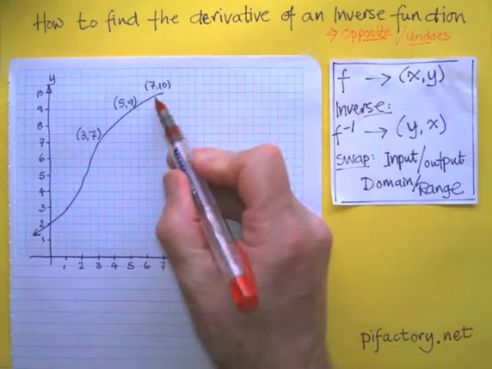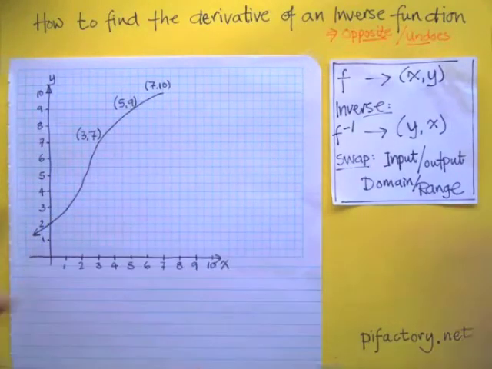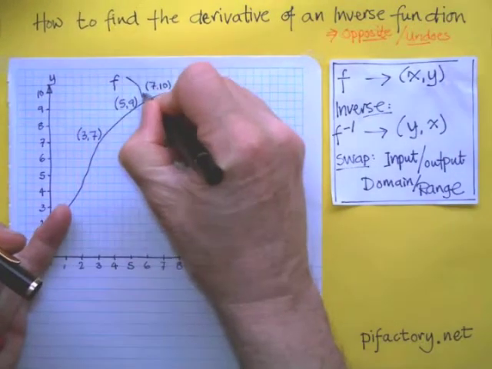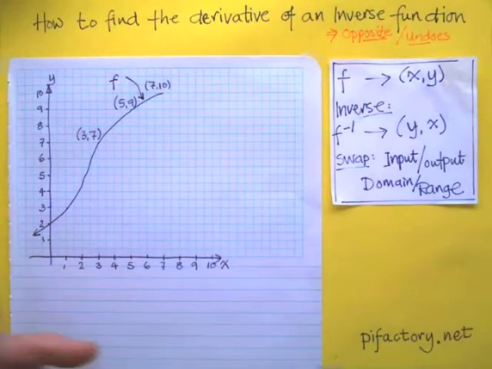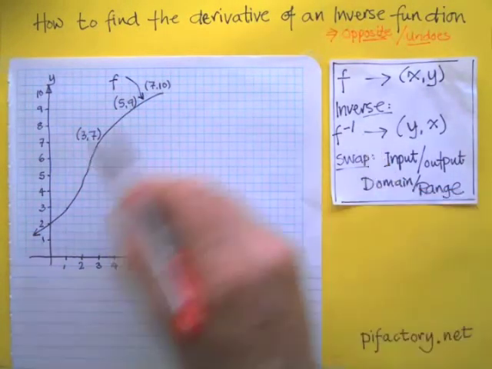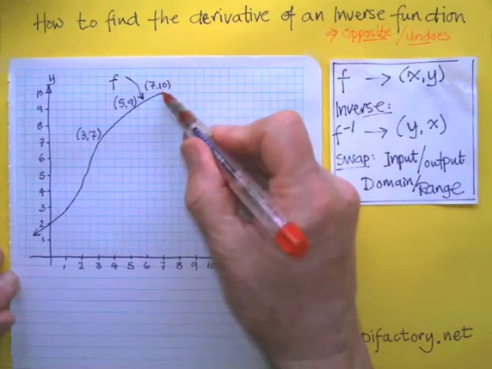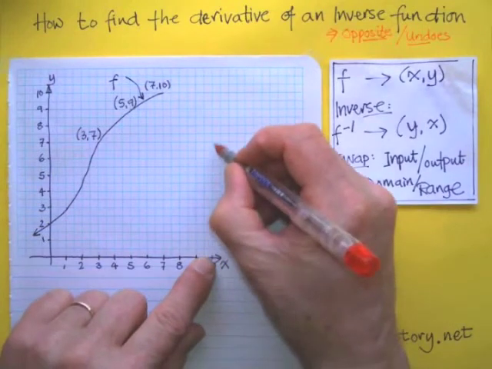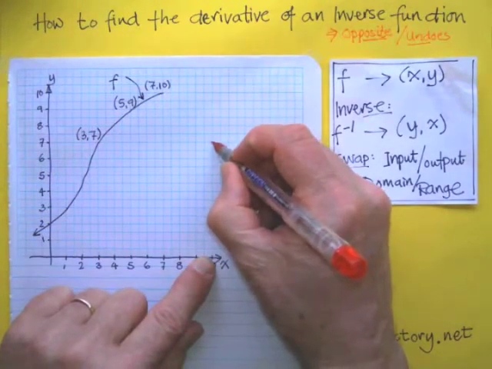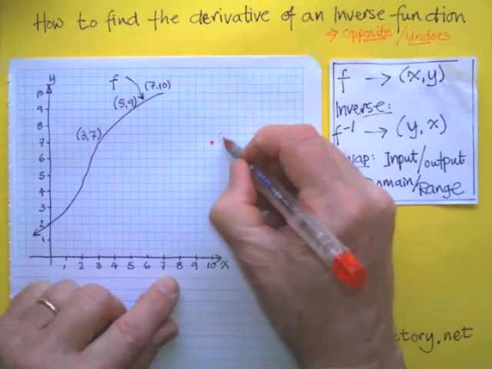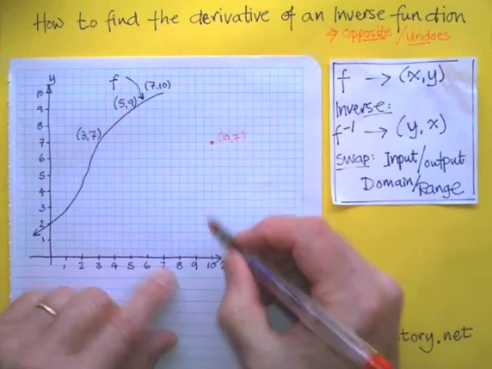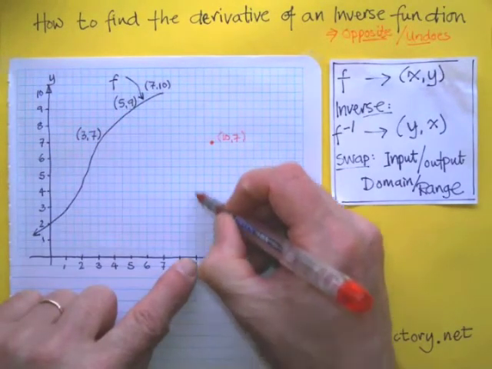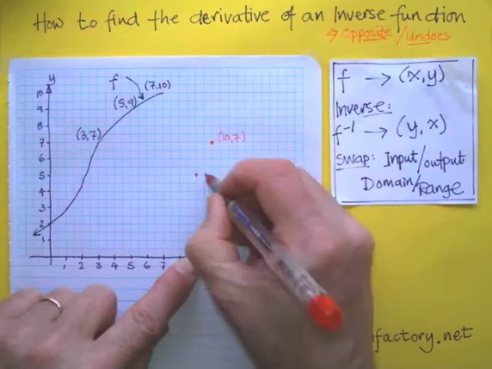So looking at our function here, which we can label f, let's say that's f. Let's now try and plot inverse f for this function. Well, 7, 10, we're just going to plot a point 10, 7. Here, 9, 5, we're going to plot 5, 9, come up to there.